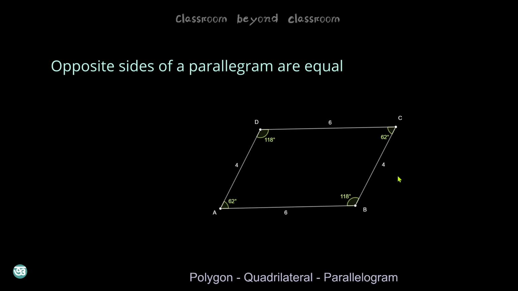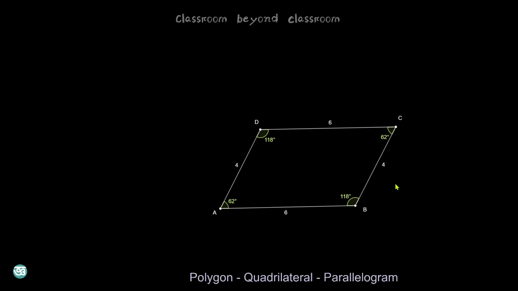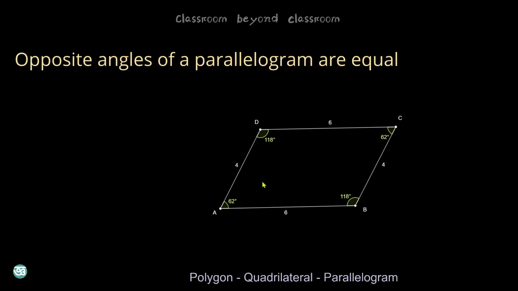This is theorem 1. The second theorem is that opposite angles are also equal. Angle A is opposite to angle C and they are equal, 62 degrees and 62 degrees. And angle D is opposite to angle B. They are equal, 118 degrees and 118 degrees. So this is one of the theorems of parallelograms.